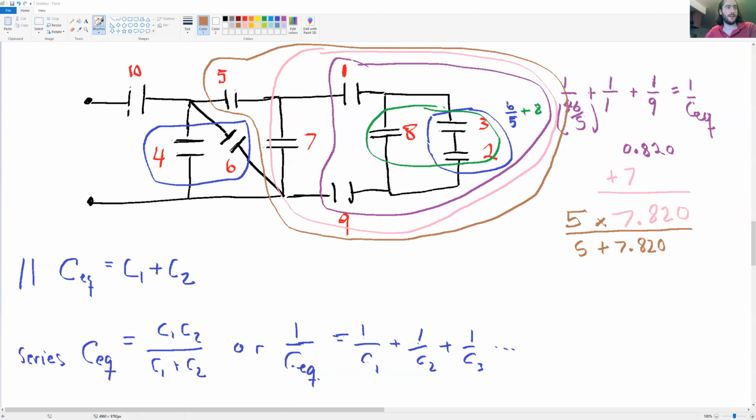I'll just run that in the calculator over here real quick. 5 times 7.82 divided by parentheses. Now it's just going to be 12.82. So it comes out to 3.05.